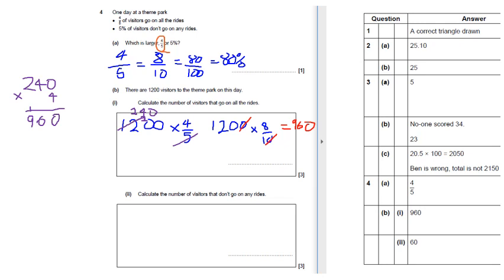Whatever. I mean, you could, if you wanted to, times 1200 by 4. Oh, that was meant to be an 8. And then divide the 4800 by 5.